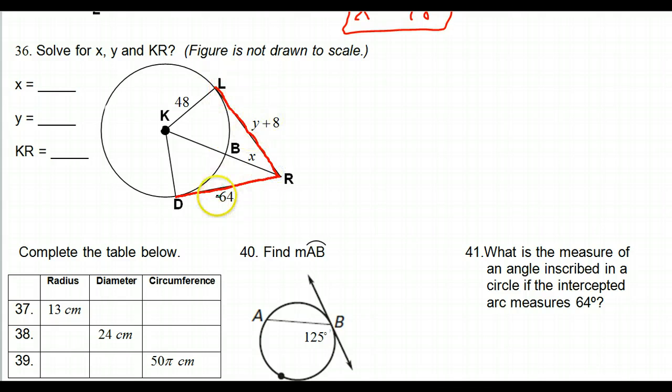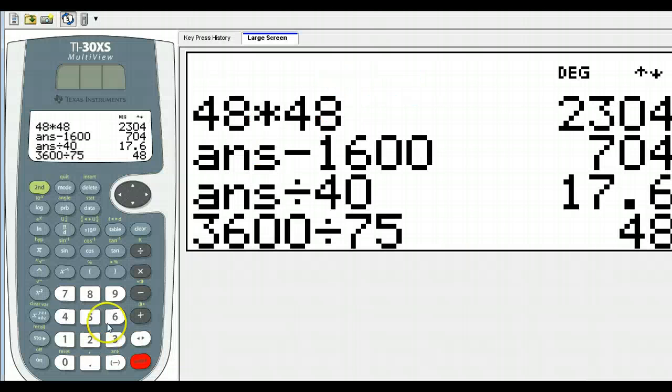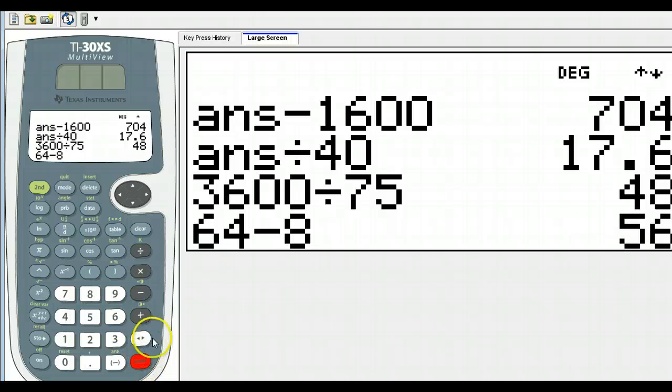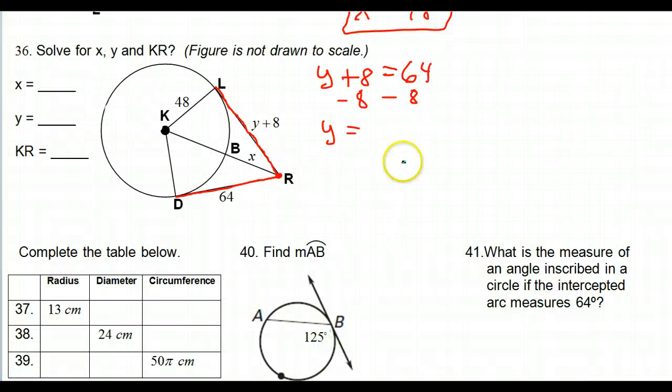Remember, when we have those tangent segments like this, they're always equal when they're both coming from a common point. So that means we're just going to have y plus 8 is equal to 64. So this is actually really simple. Subtract 8 from both sides. Of course we're going to have 56. So the y value is 56.